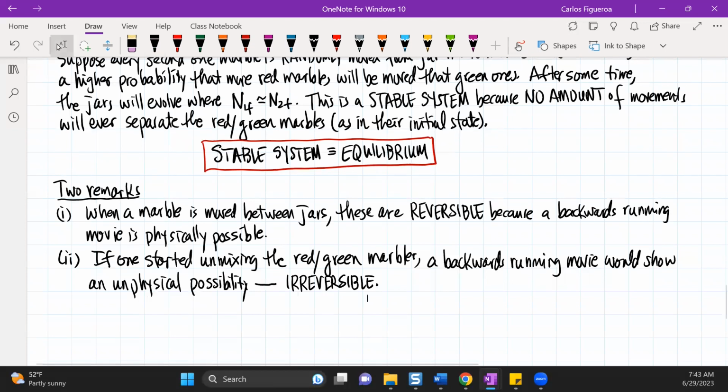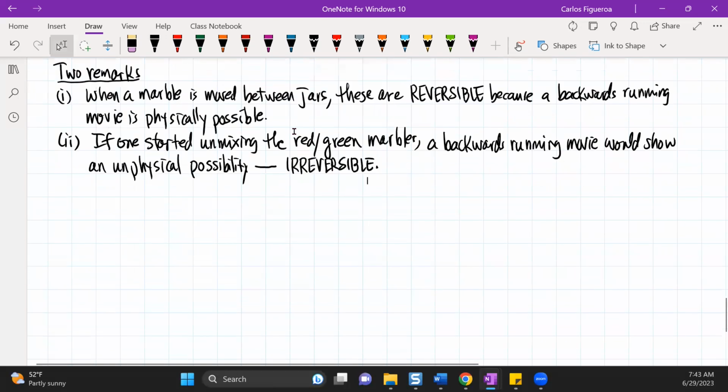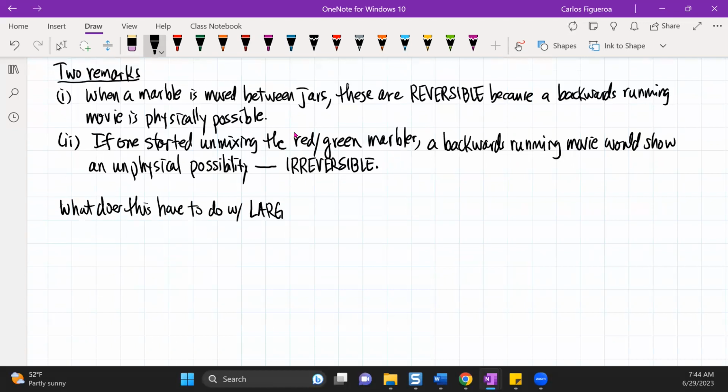So now the question is, how do large numbers come in? Maybe I should say, what does this have to do with large numbers? So what I'll do here is use an analogy.